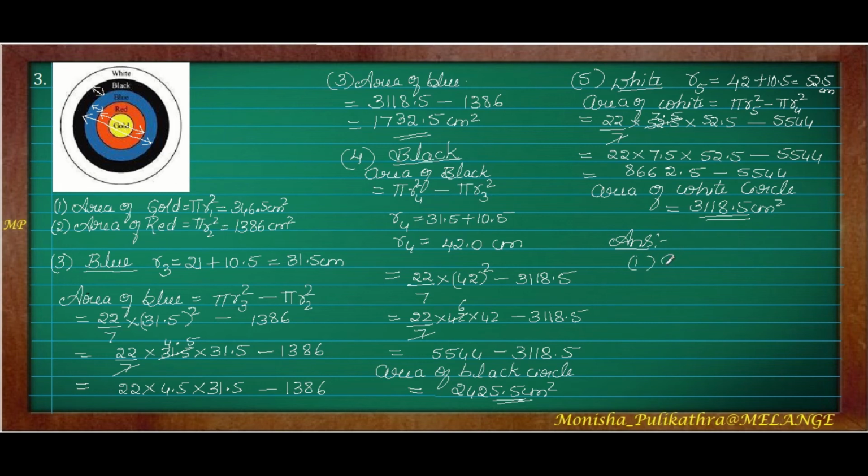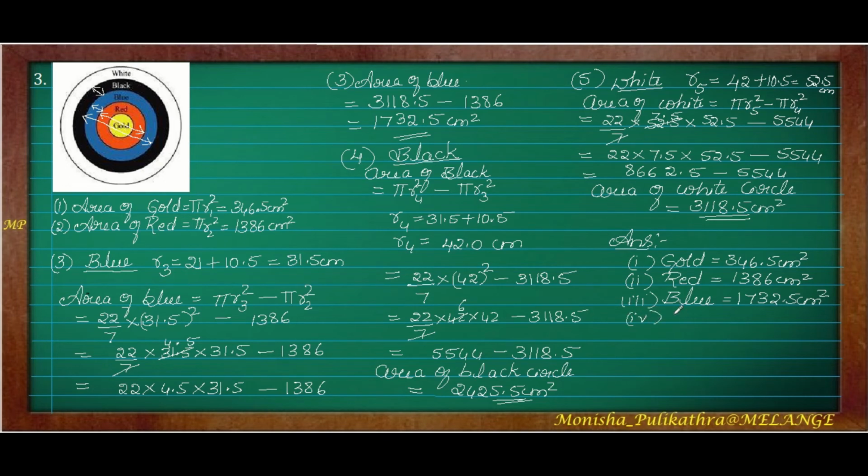So first one, gold, is equal to 346.5 centimeter square, and second one, the area of the red circle, is 1386 centimeter square, and third one, the blue circle, is equal to 1732.5 centimeter square.